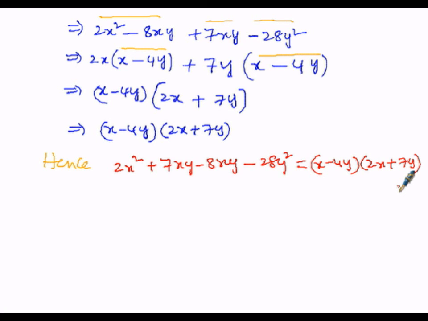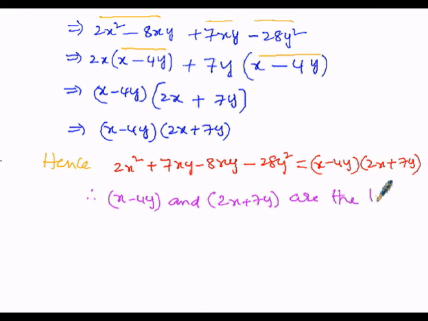These are the two factors which we got. When we multiply these two factors, we will get the given expression as 2x square plus 7xy minus 8xy minus 28y square. Therefore, x minus 4y and 2x plus 7y are the two factors of the given expression.